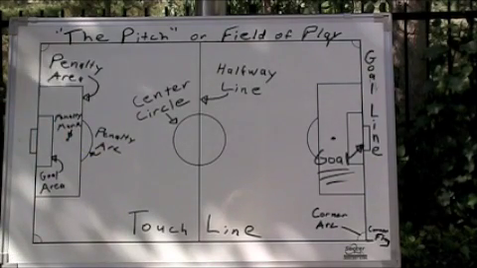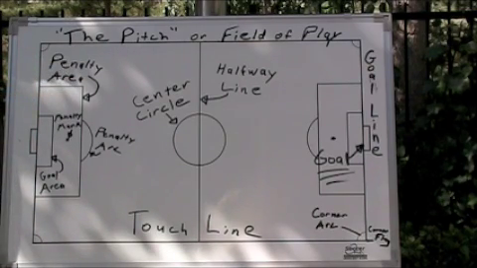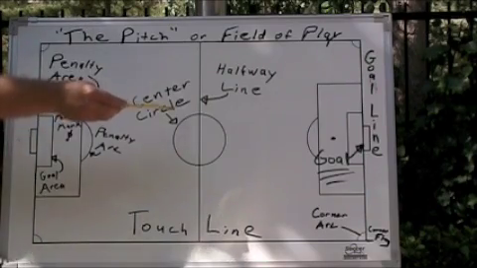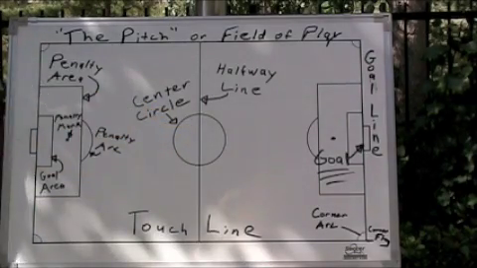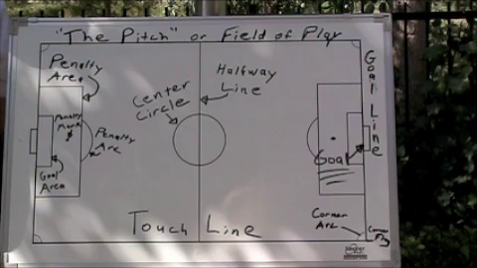And the significance of the center circle is that when there's a kickoff, players on the opposing team cannot be within the center circle when the kickoff is taken. So start of the game, start of the second half, or after a goal is scored is when you have a kickoff. Okay?